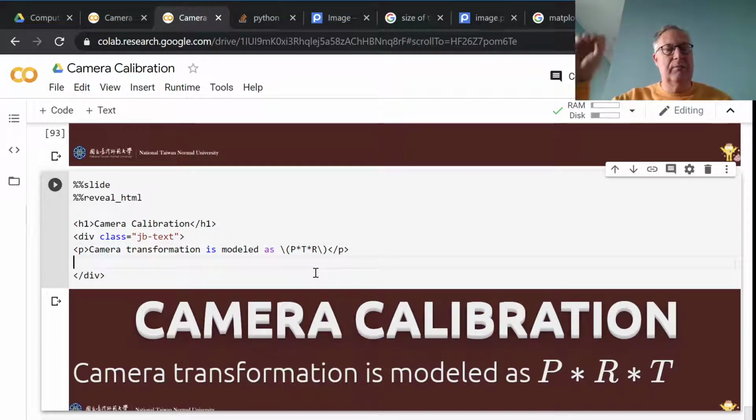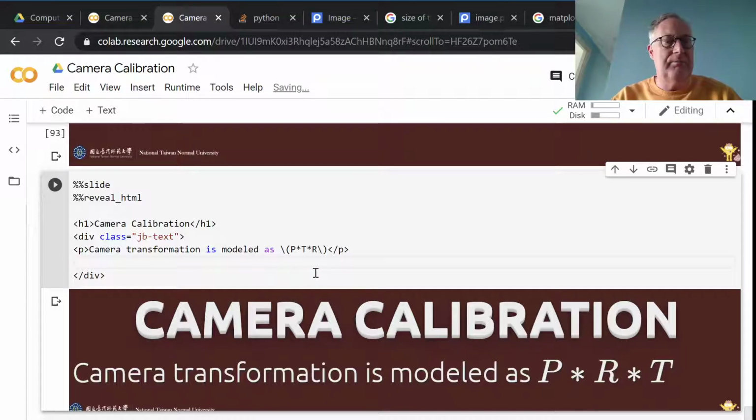Rotating the camera, then moving it to the target location, and then doing the perspective distortion. So there's a perspective projection component. There's a translation and a rotation.